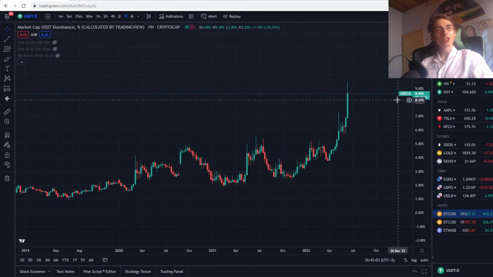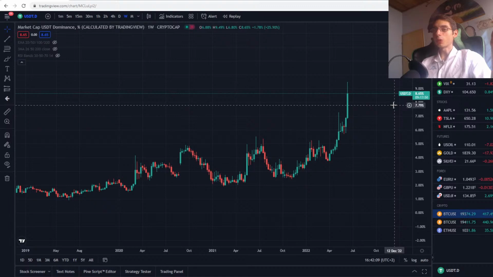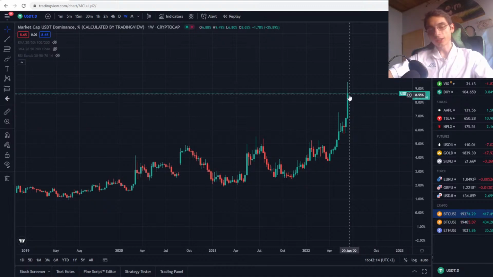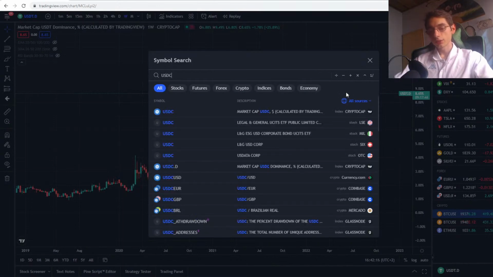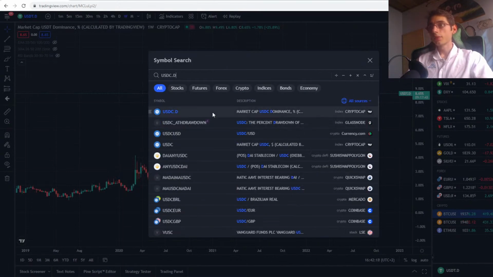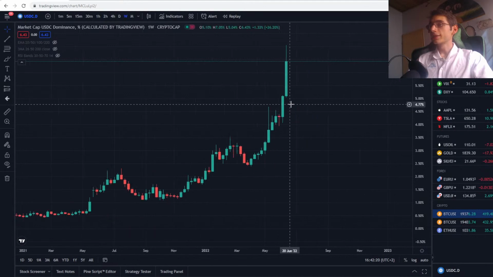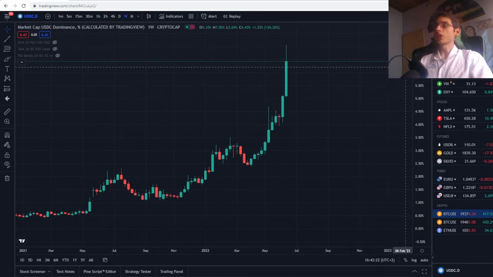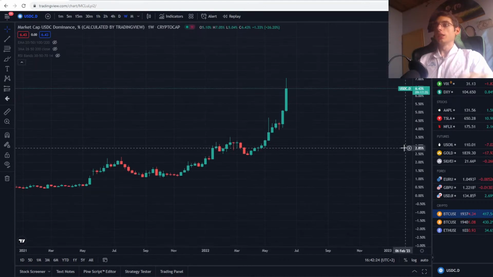For every dollar in the crypto market, there is 0.08 cents of USDT, as well as 0.06 cents of USDC.